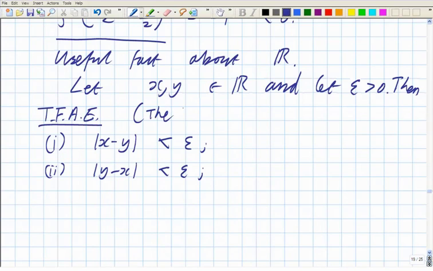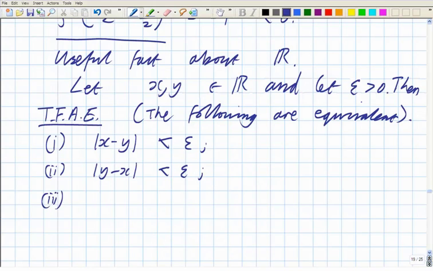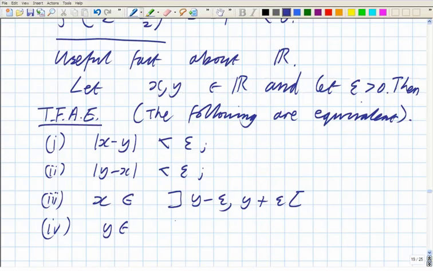Third one is that x is in the interval y minus epsilon, y plus epsilon. The fourth one is that y is in the interval x minus epsilon, x plus epsilon. So interestingly enough, you can think of that in terms of open balls.